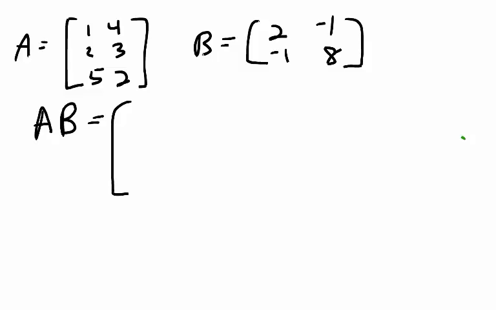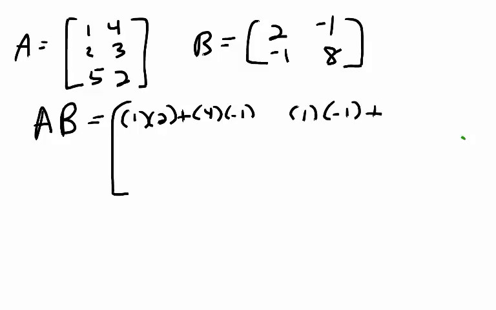So I begin multiplying the rows in A by the columns in B. So I have 1 times 2 plus 4 times -1. Then I have 1 times -1 plus 4 times 8.